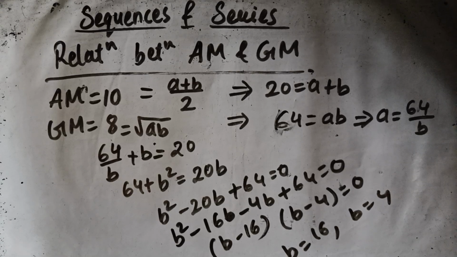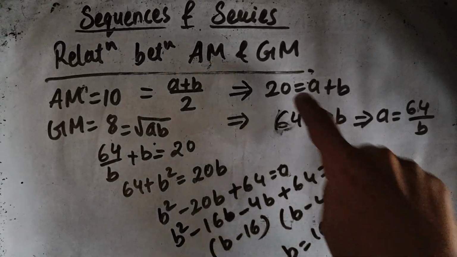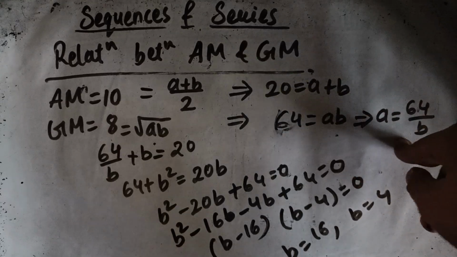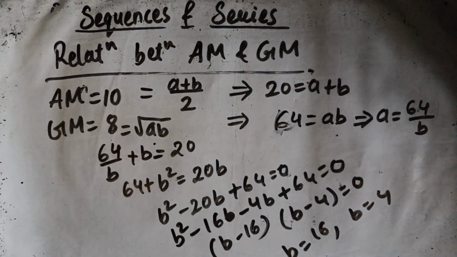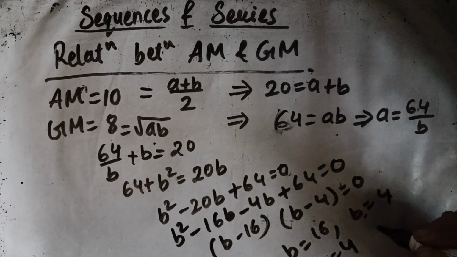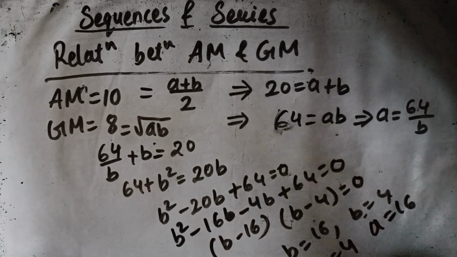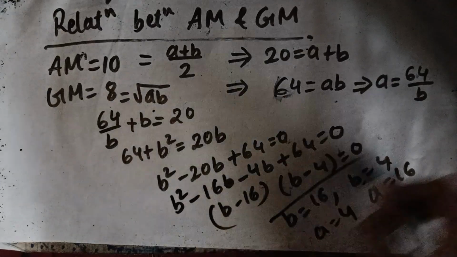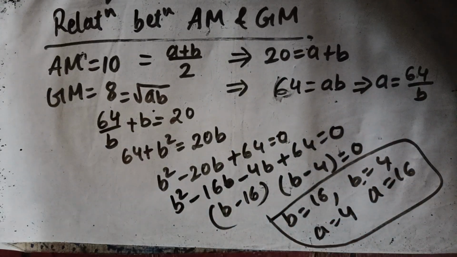Putting this in the equation, for b equal to 16 you will get a equal to 4, and for b equal to 4 you will get a equal to 16. So these are the values of a and b.